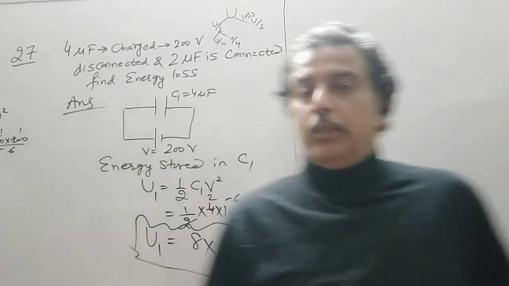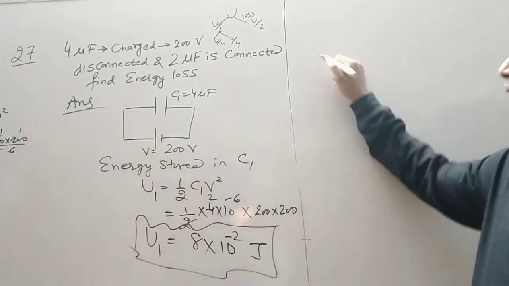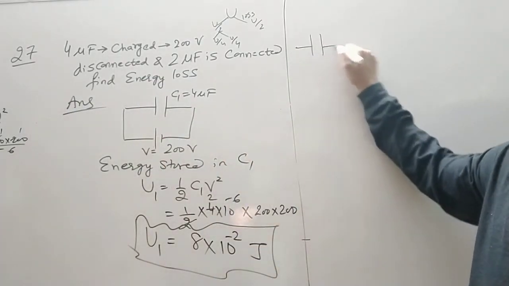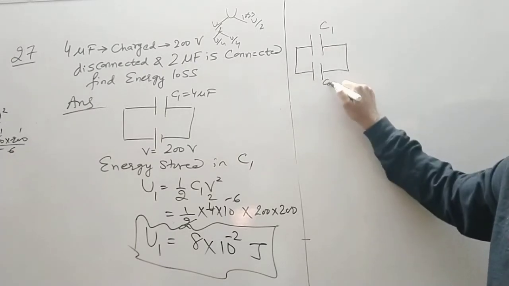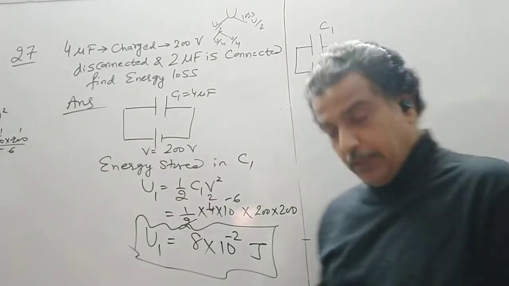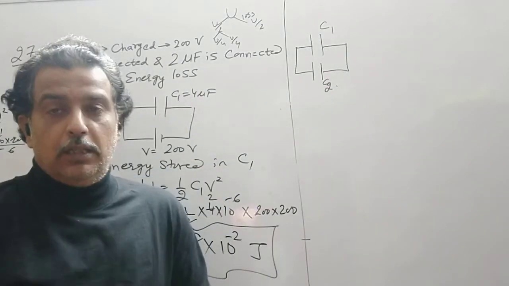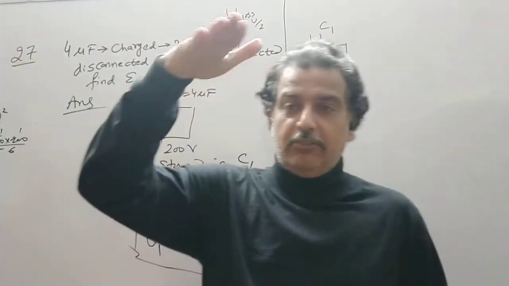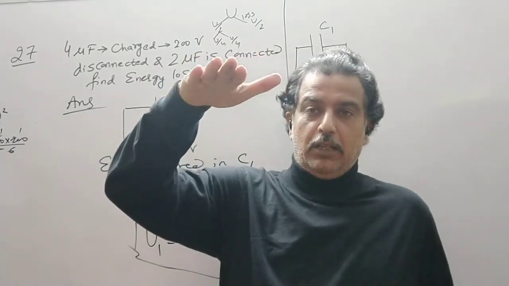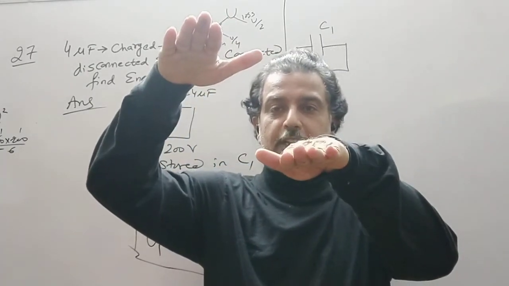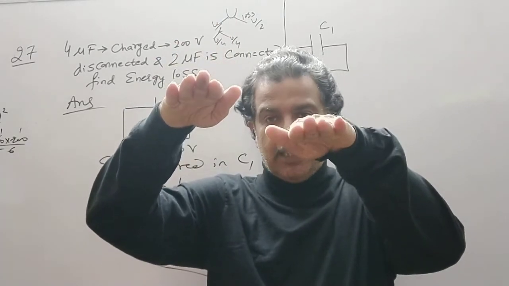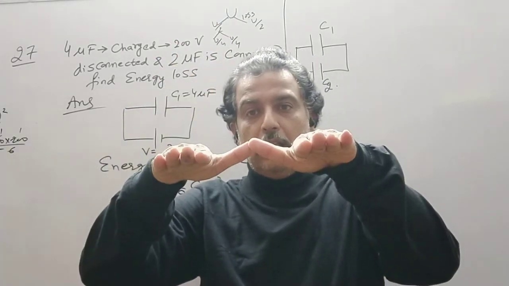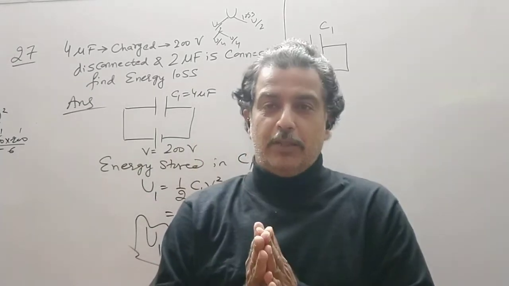Now this battery is disconnected and it is connected with another capacitor C2. Now if you remember, the energy stored in C1 is this level and C2 is initially discharged. So its energy will decrease and its energy will increase till their potential becomes same.